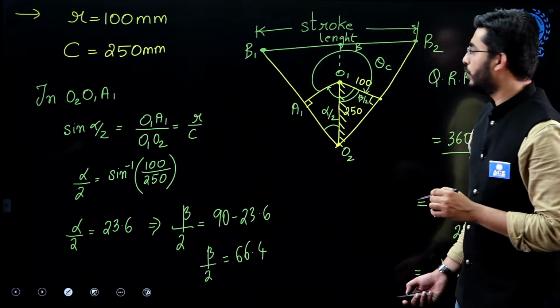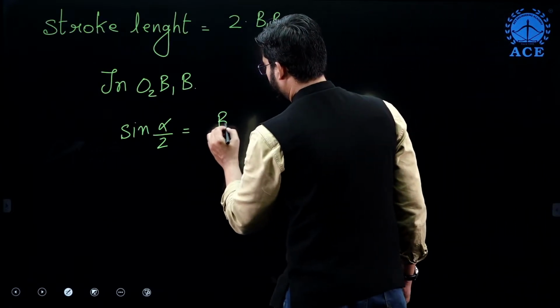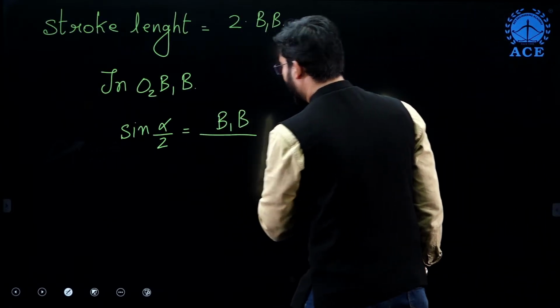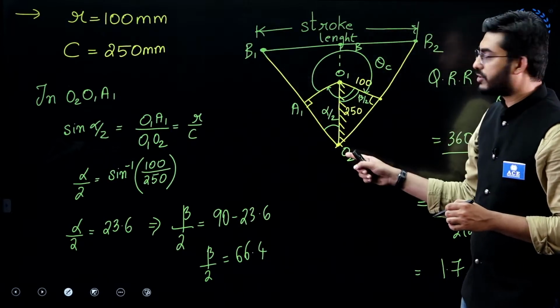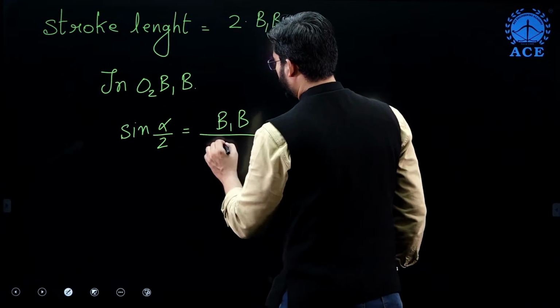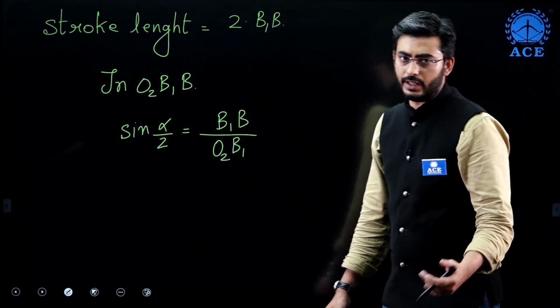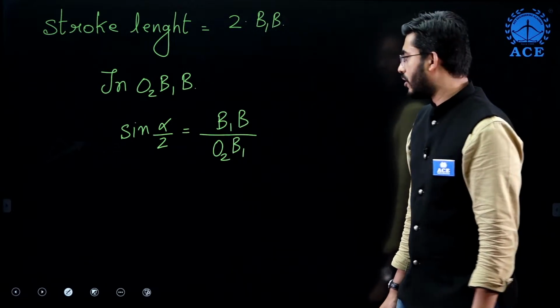Sine of alpha by 2 is equal to opposite side, that is B1B, divided by hypotenuse, which will be O2B1. So O2B1 basically represents the length of the slotted bar.